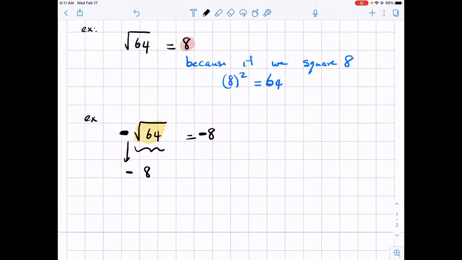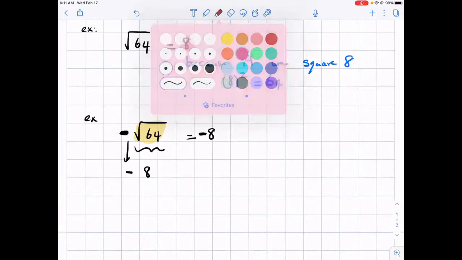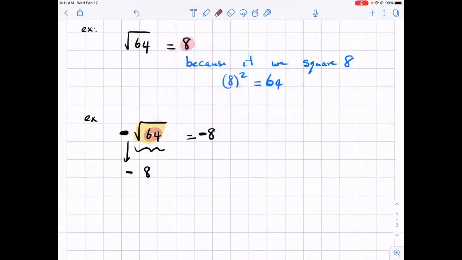Now be very careful, the radicand here, the inside, is still positive. Because if the inside is negative, then we say that the square root is some imaginary number.